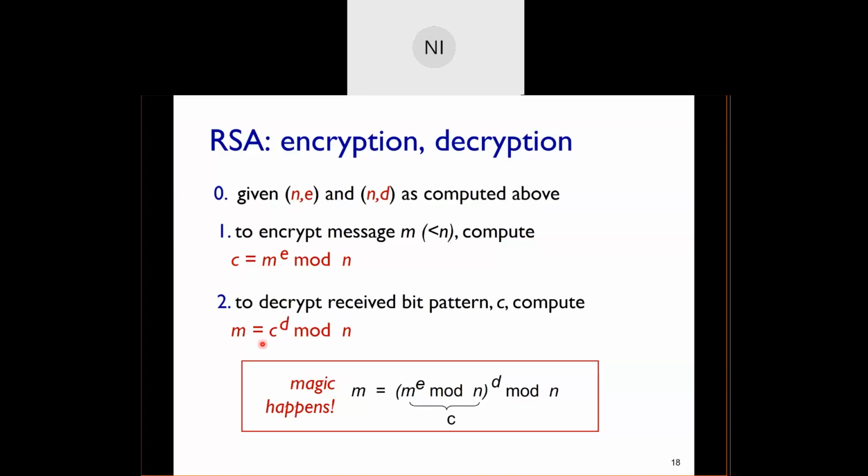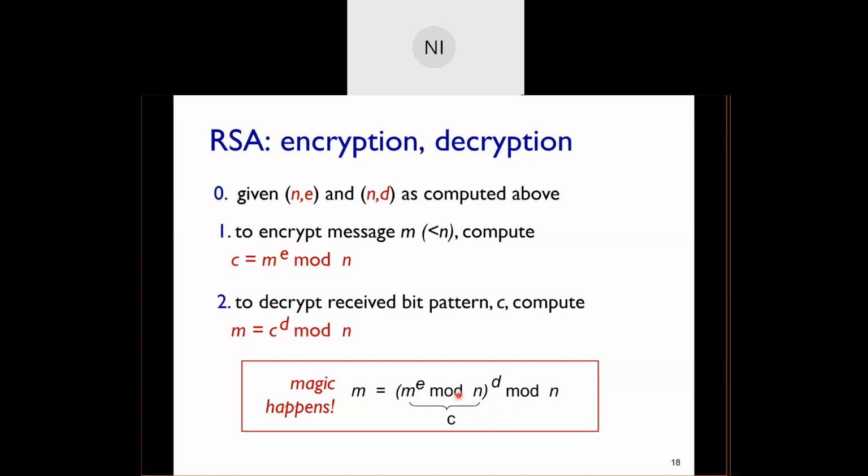At the receiver, he has N comma D, then he takes D and applies exponentiation on C and does the modulus operation with N to get back M.